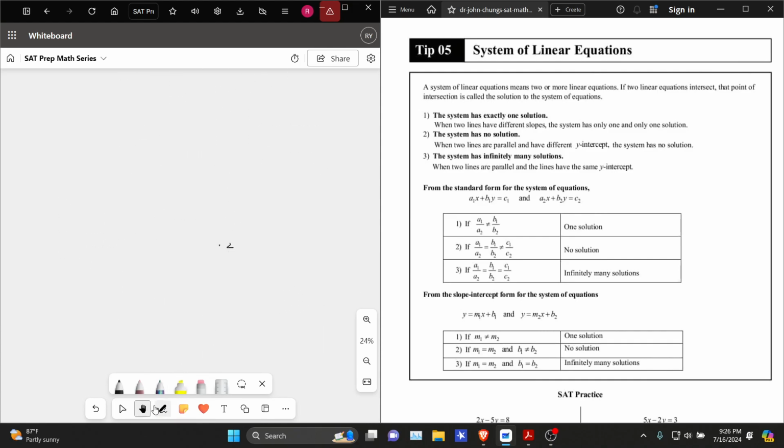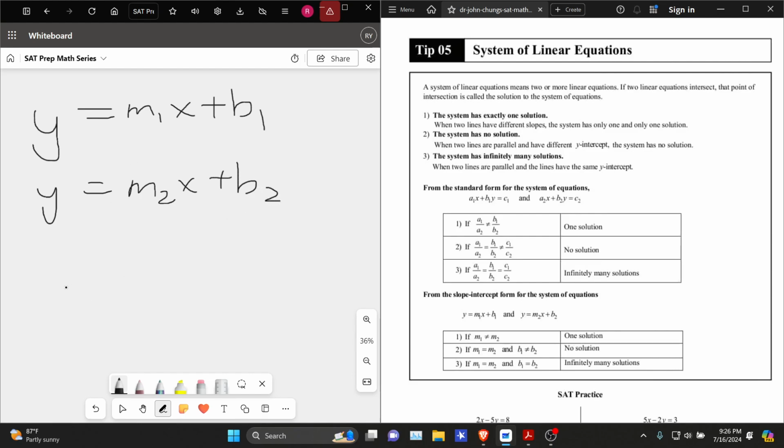And from the slope-intercept form, if we had two equations, y equals m1x plus b1 and y equals m2x plus b2, if m1 is not equal to m2, that means the slopes are not the same.